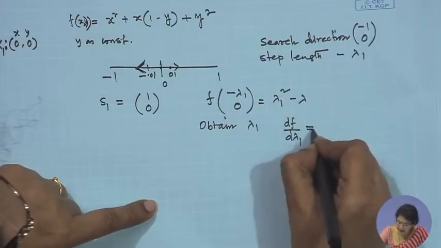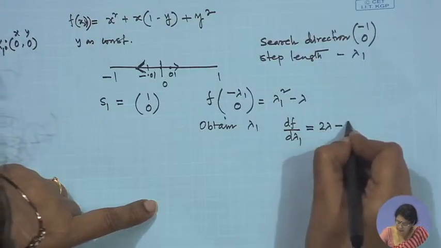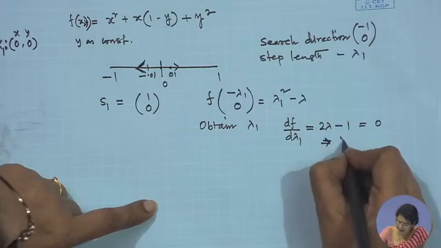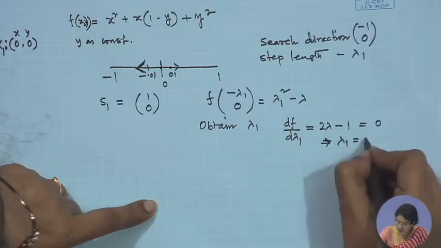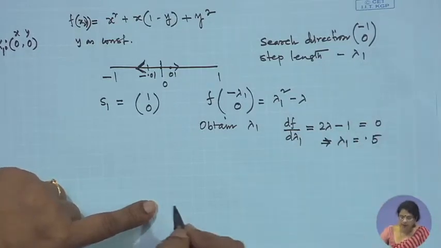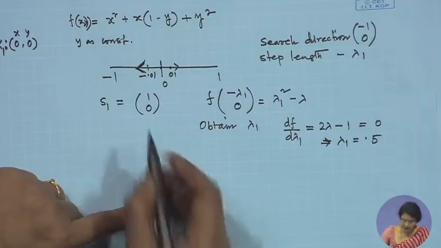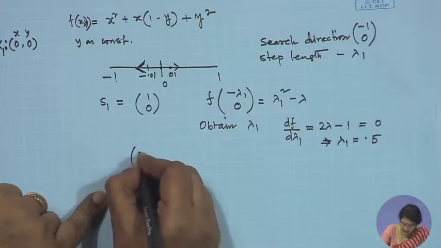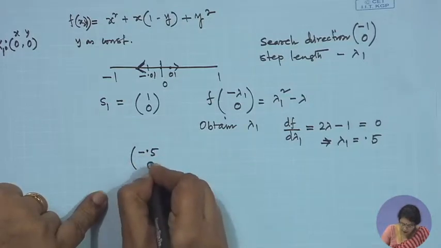This is coming as 2 lambda minus 1 is equal to 0. If I consider this, we are getting lambda 1 equal to 0.5. That is why it is clear that from this point I will move to the next point as (-0.5, 0).